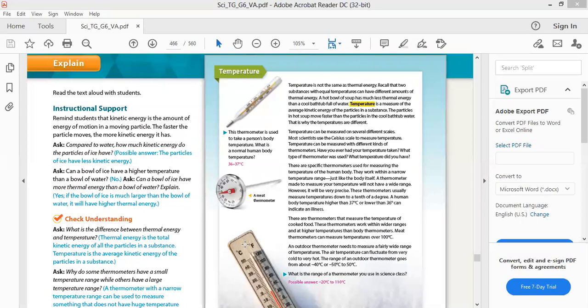The more huge the matter is, the more particles it has, which means more thermal energy. Yes, so it depends on the mass, on the size, because more mass means more particles. Okay? And also it depends on the kinetic energy, the moving of particles, but mainly on the mass or the size or the particles number. Okay, temperature, does it depend on the mass or the particles number?